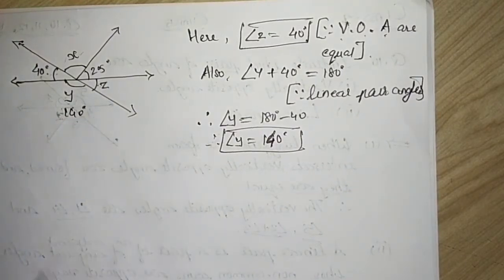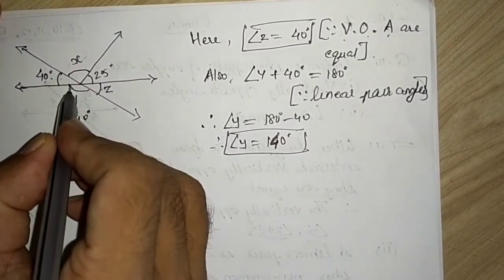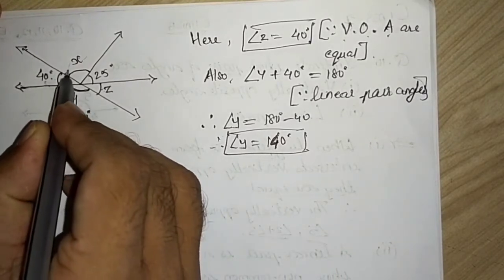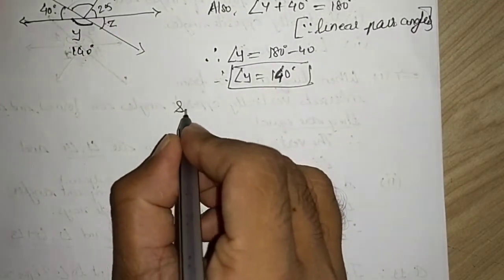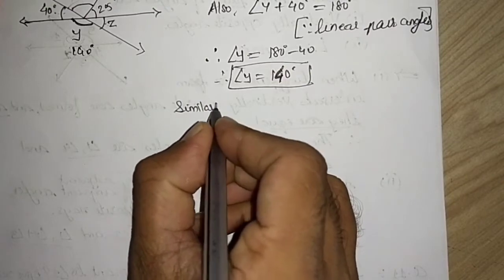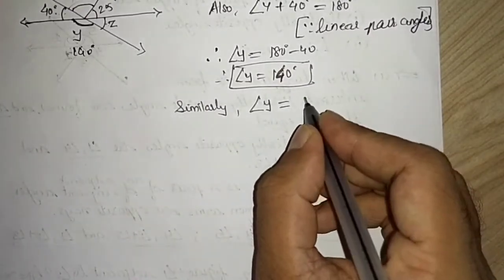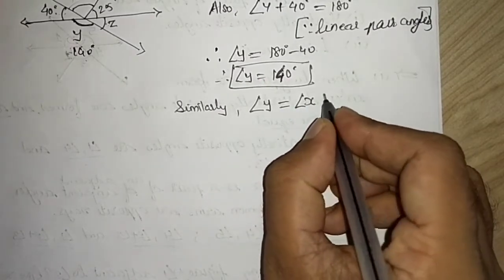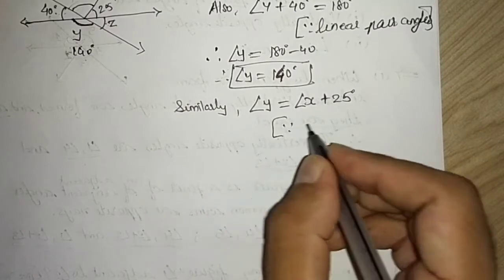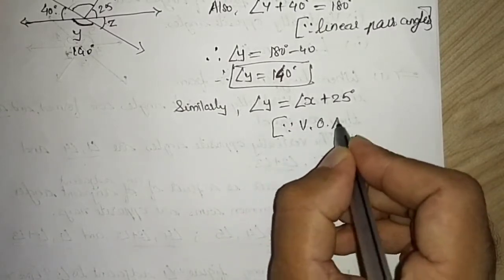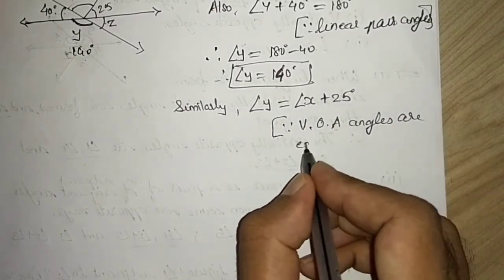And now if you look carefully, this is one line and this is the other line, they are intersecting, so this angle will be equal to this whole angle, right? So we will write similarly angle y is equal to angle x plus 25 degrees. Reason we will give, vertically opposite angles are equal.